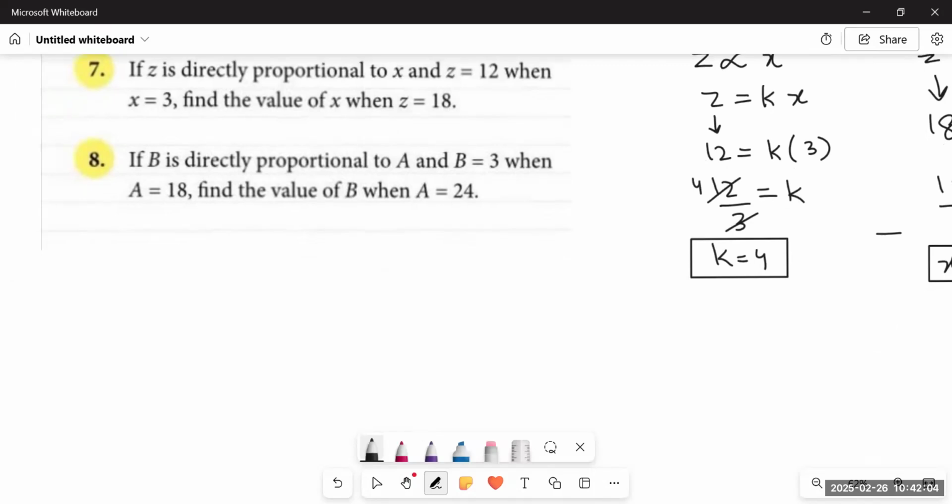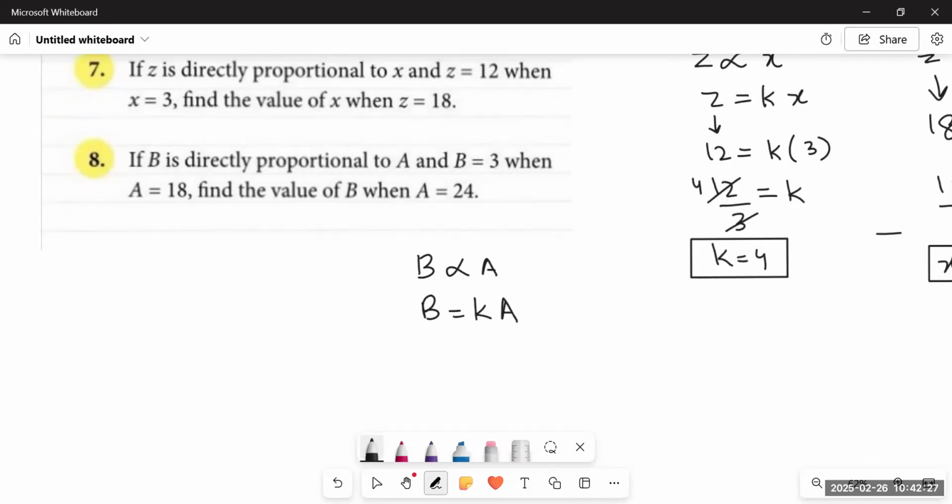First, you have to find out the value of the constant using the values given for the variables. And then afterwards, after finding the value of that particular constant, you have to substitute the values given in the question. So if it says B is directly proportional to A, it means B is equals to KA.